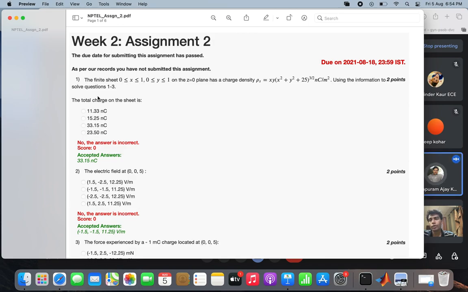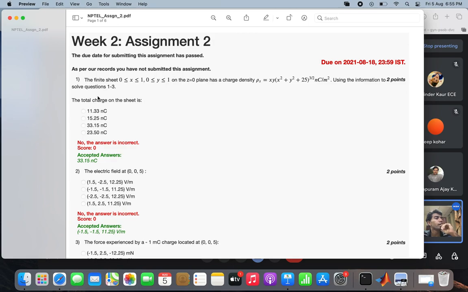Okay, so what you can do is consider multiple Gaussian surfaces.